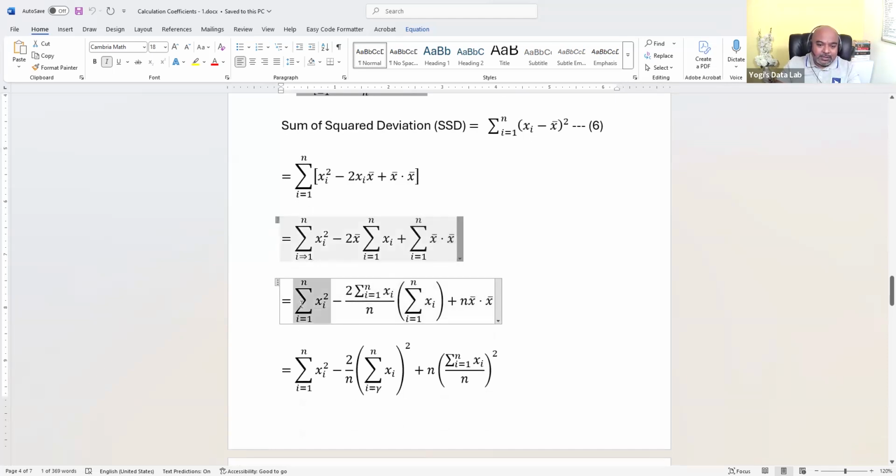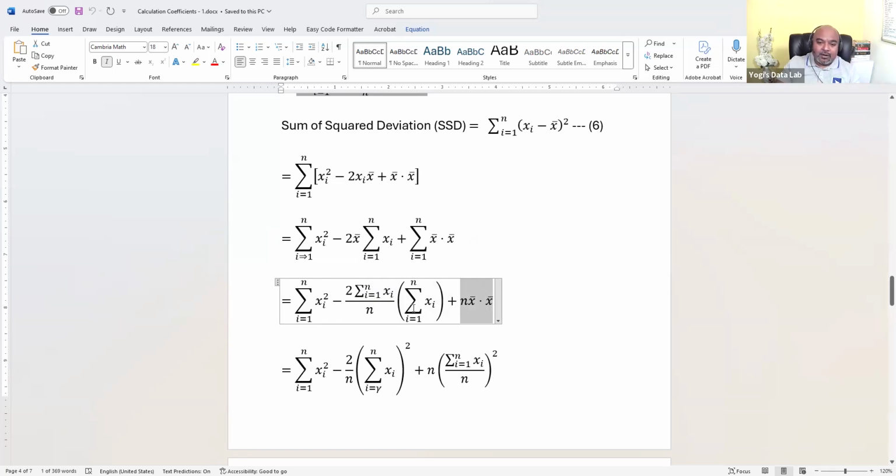So this is the same term, nothing changes. X bar is what? Summation i equal to 1 to n xi by n. So I've just put the formula over here. And x bar is an average. Average of any series is always going to be constant. It is going to be a number. So I'm summing it n times, so it becomes n x bar multiplied by x bar, means n x bar square.